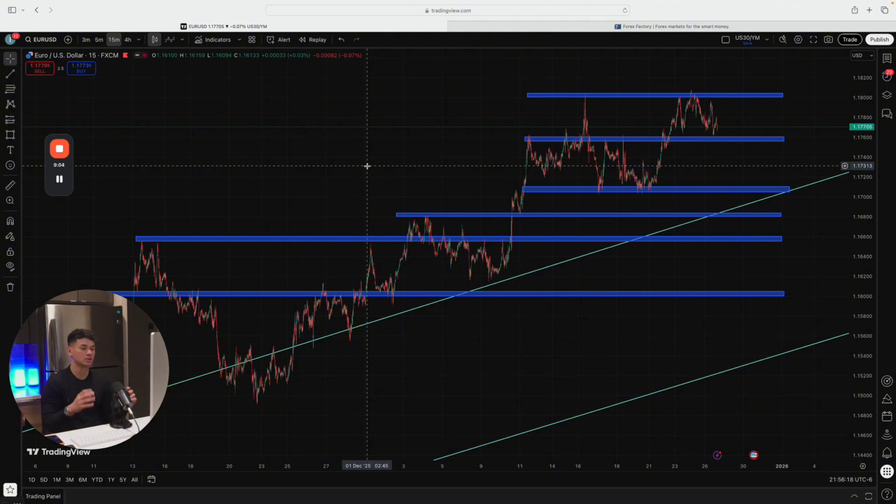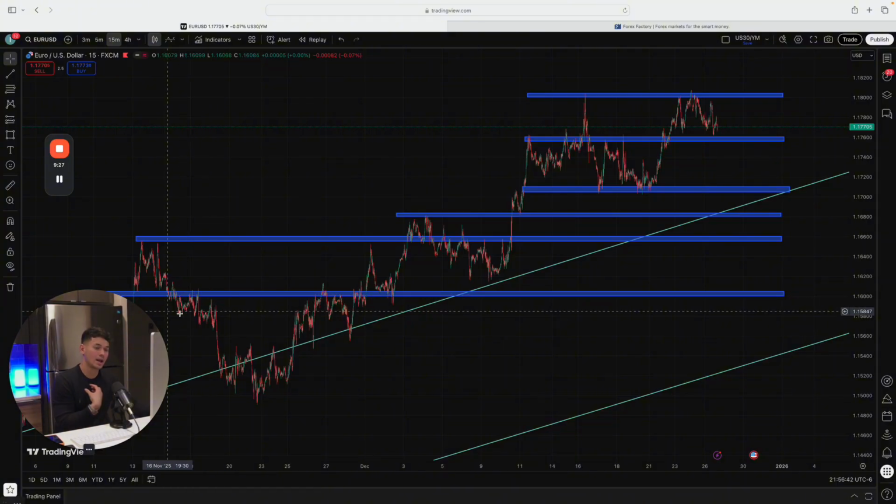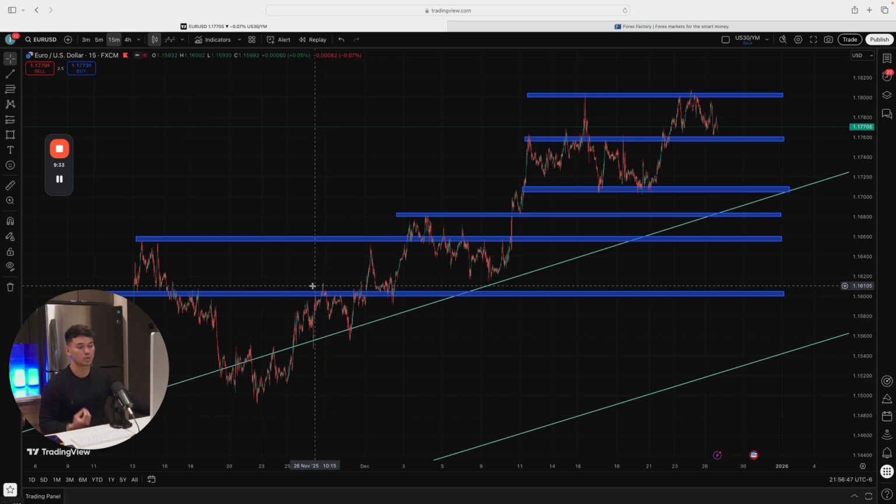I like to think of it like an escalator: every single step down or every single step up is an area of interest. What I call areas of interest are the points of the market where price usually tends to make a big impact. We have a lot of touches here, here, and here. Those are my areas of interest.